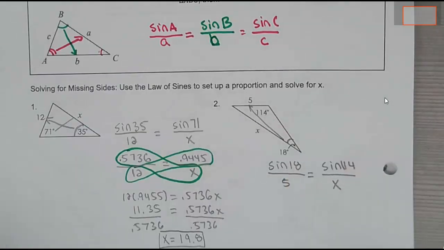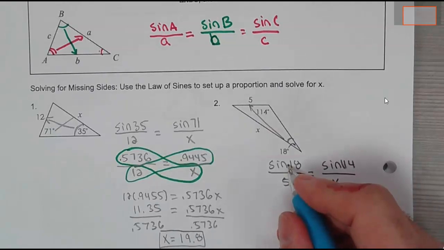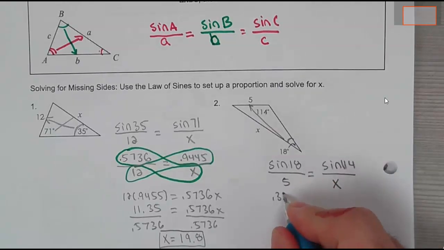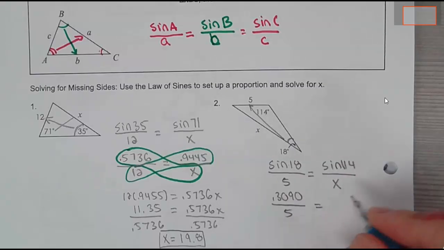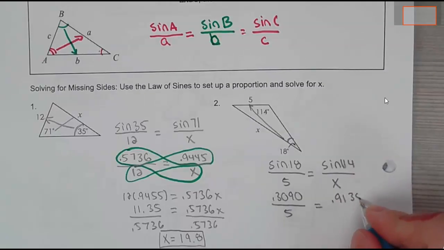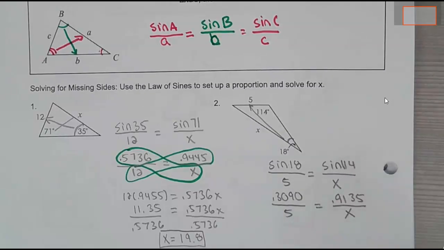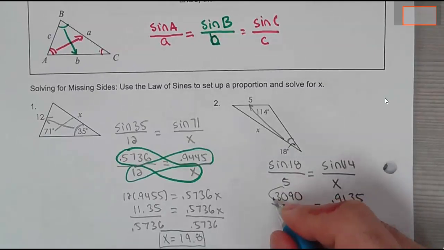Okay? So just keep on doing what we were doing. If I find the sine of 18 on my calculator, I would get 0.3090 over 5, and then I would get 0.9135 over x. And then I would just cross multiply.